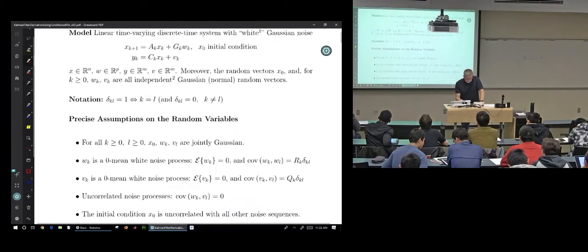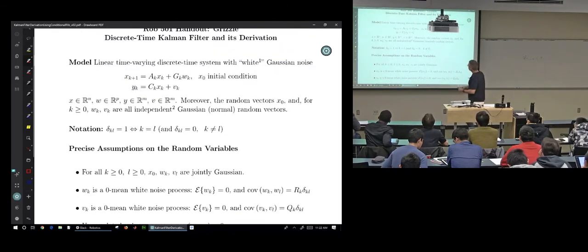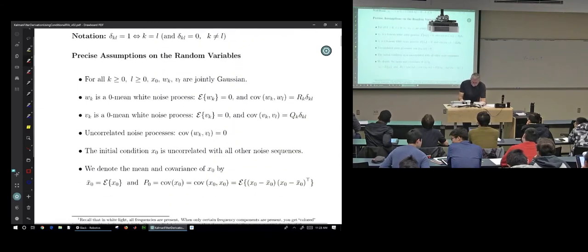So the assumption is, just like we had in MVE, the state is not correlated with the measurement noise. Also, it's not correlated with the process noise, and this noise is not correlated with that one, okay? So all of those things are uncorrelated, is the assumption.